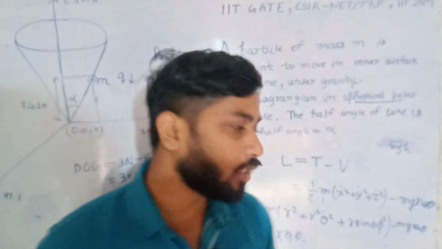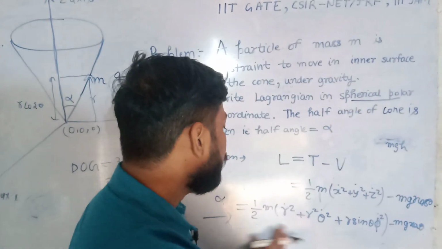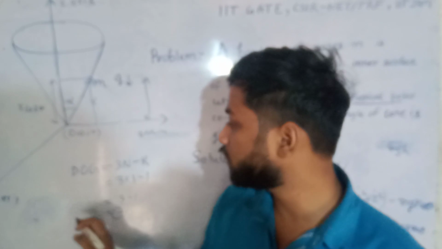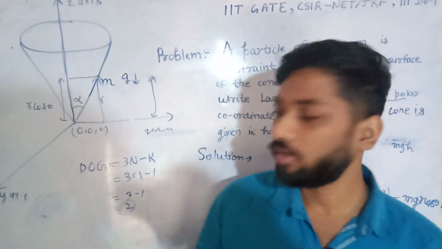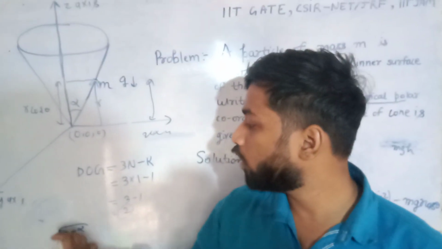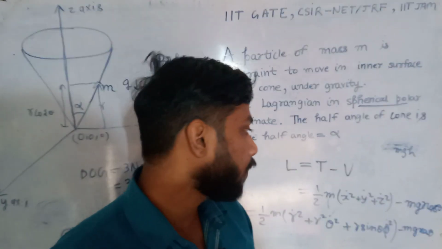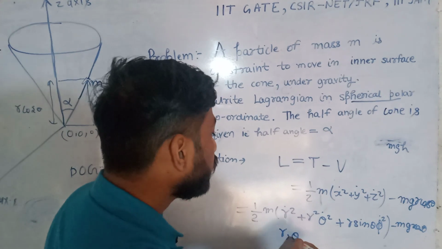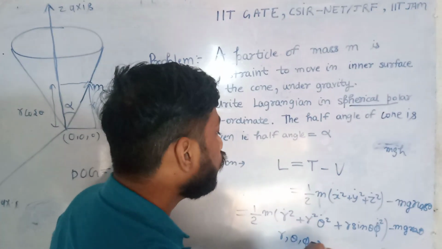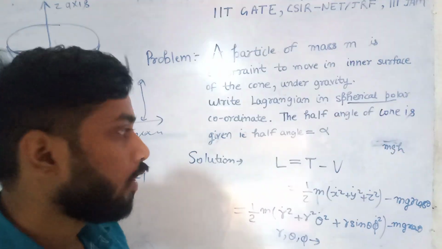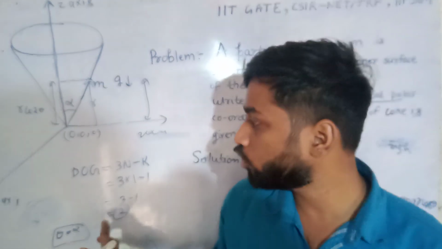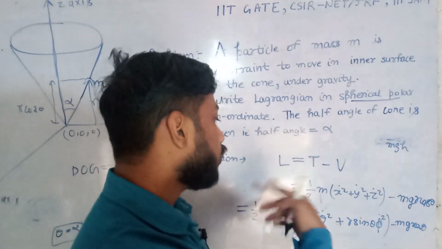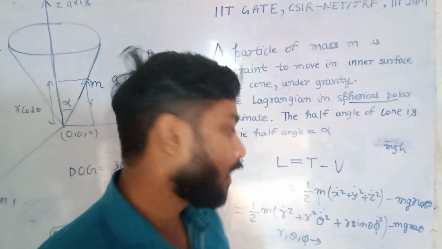What we have to do next is manipulate this Lagrangian with the help of the constraint theta equal to alpha. Then we reduce from 3 generalized coordinates to 2, and because the degree of freedom is 2, there should be only 2 generalized coordinates. Then it will be our correct Lagrangian.